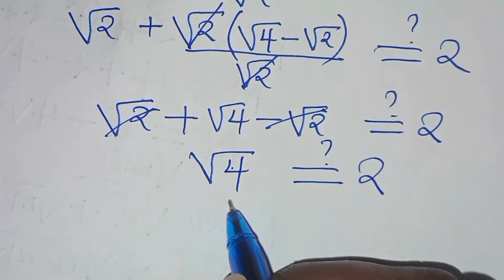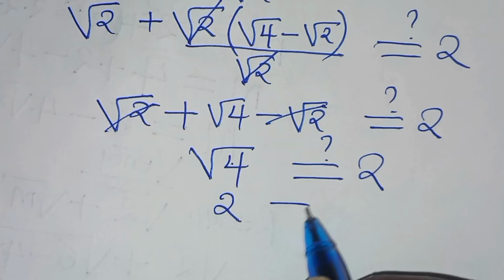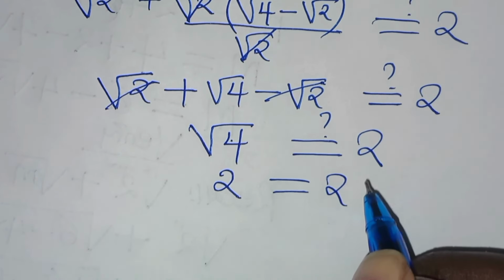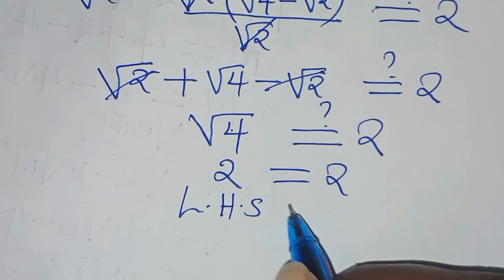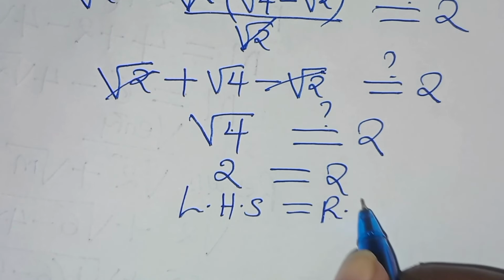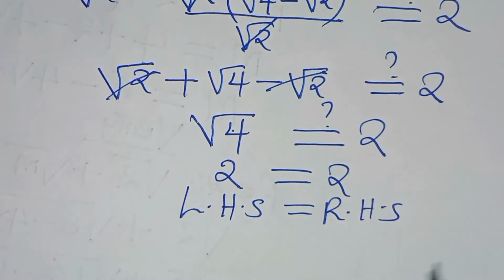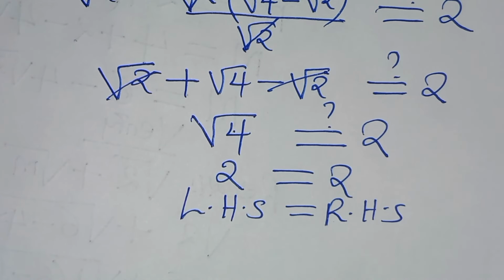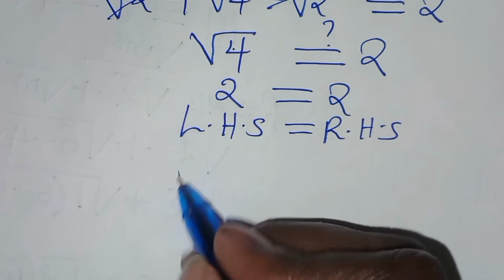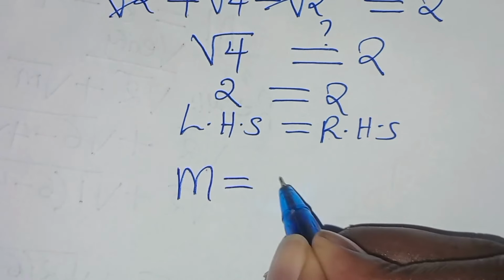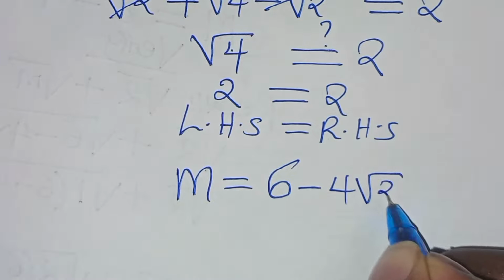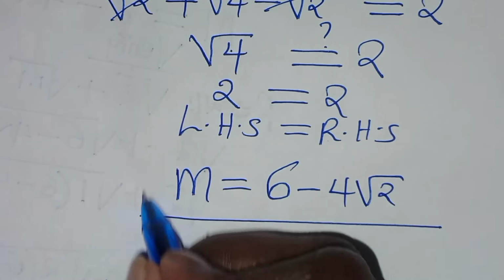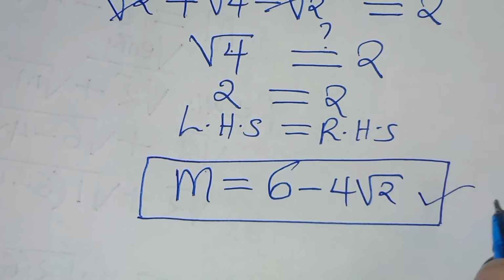Square root of 4 is the same thing as 2, which is equal to 2. So this implies that the left hand side is equal to the right hand side. And this proves that the value of m, which is 6 minus 4 square root of 2, satisfies the equation.